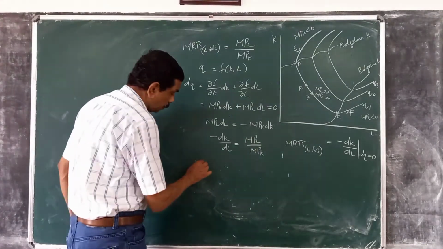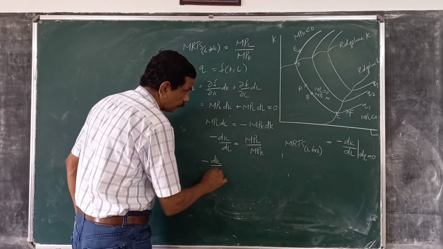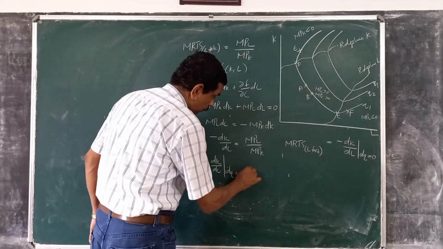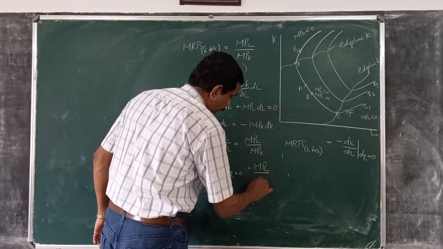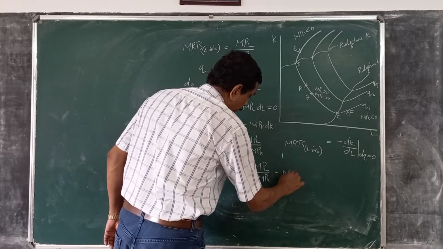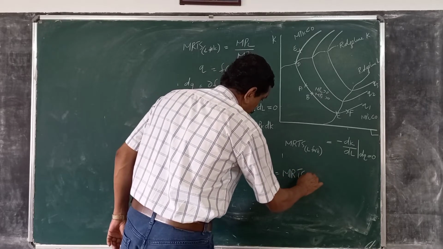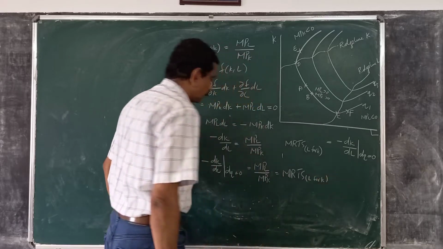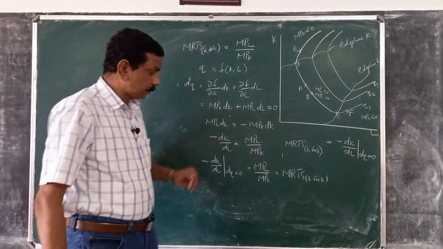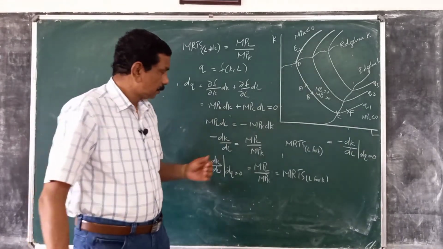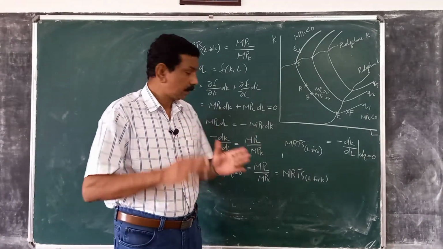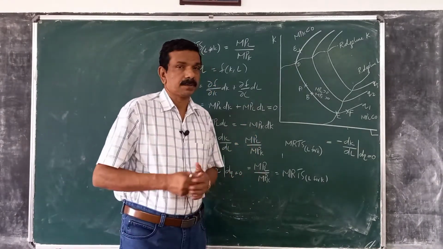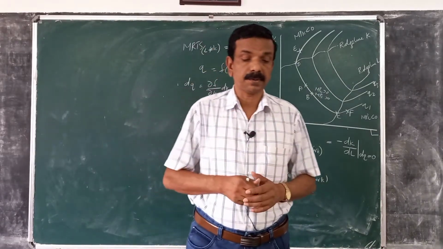So more formally, minus of dK by dL at dQ equal to 0 is equal to MPL by MPK, which is equal to MRTS L for K. MRTS is the negative of the slope, or the absolute value of the slope.